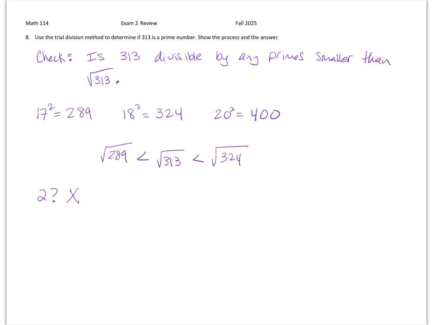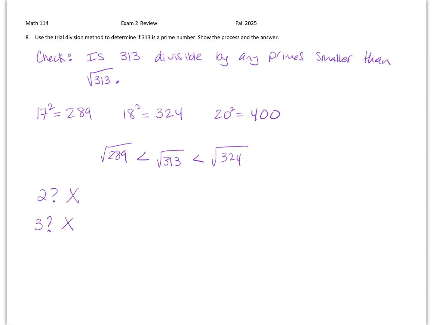All right, let's see, is it divisible by 3? In this case, there is a divisibility test that says you add the digits, and if the result is divisible by 3, then 313 is divisible by 3. So we add the digits. 3 plus 1 plus 3 is 7. 7 is not divisible by 3. That means 313 is not divisible by 3.